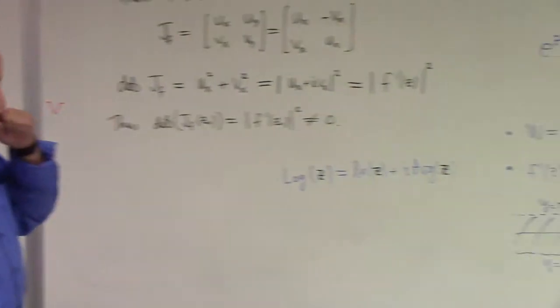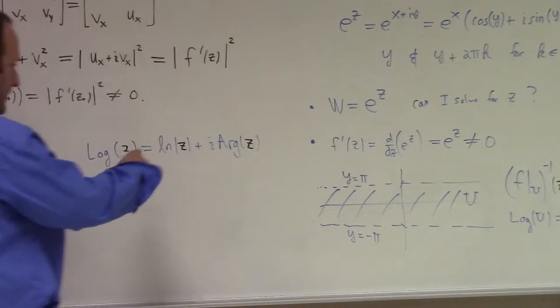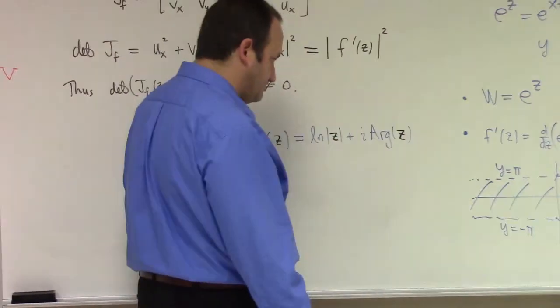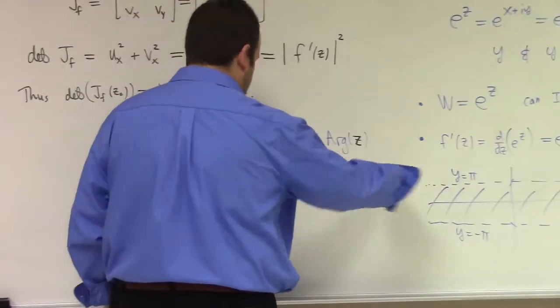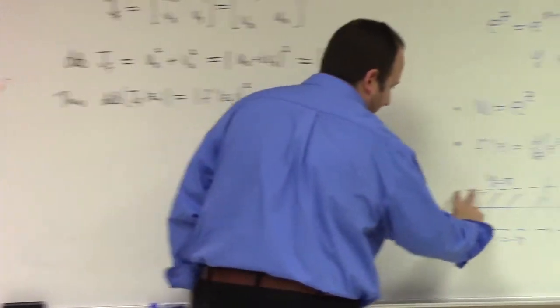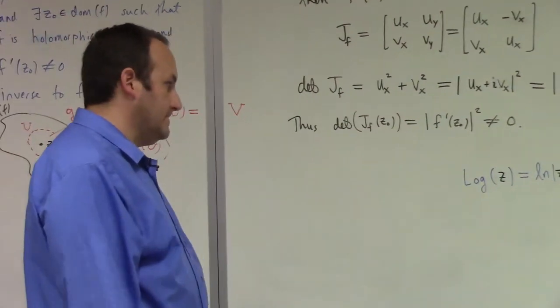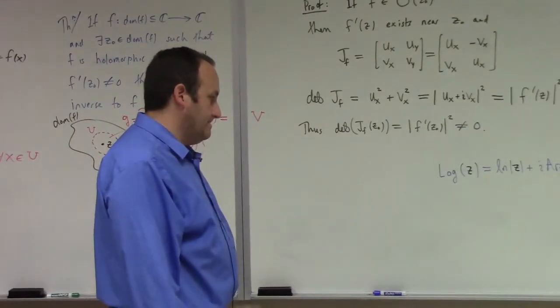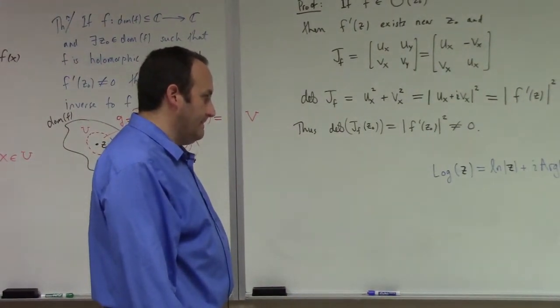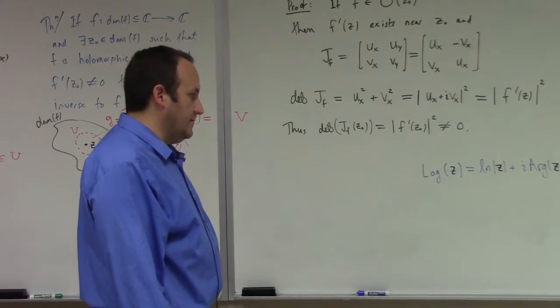We have y is pi, y is minus pi, and so what is this output as we think about inputs from u? How about the real part?